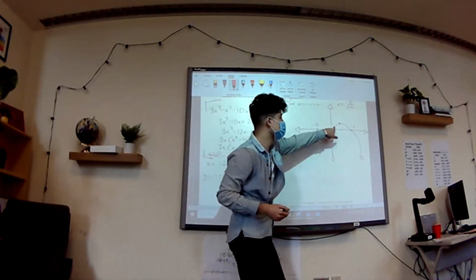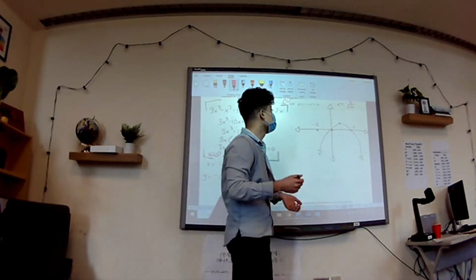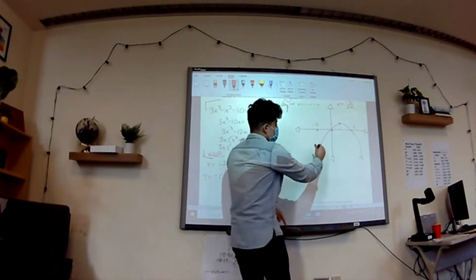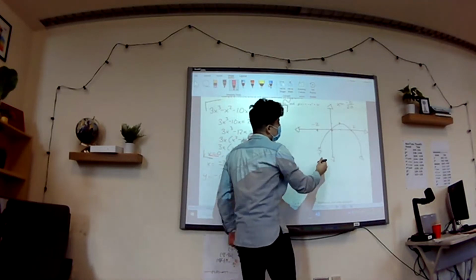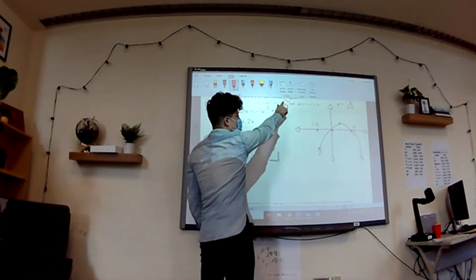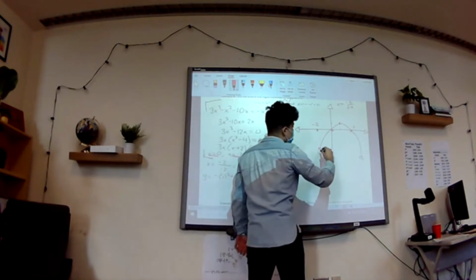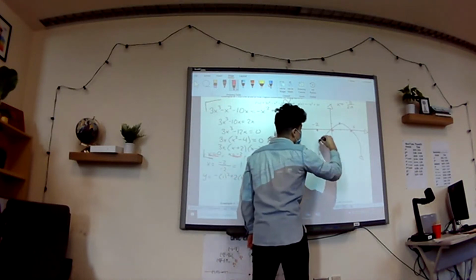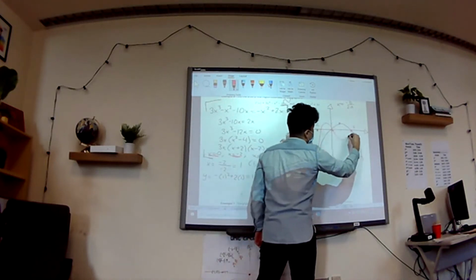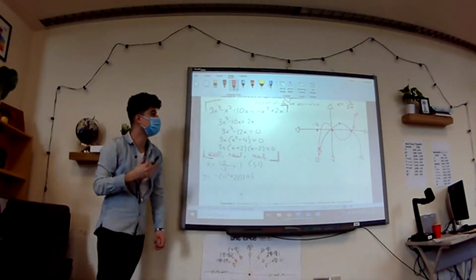That's why I plotted those. So at negative 2 I'm way down here, then at 0, and at 2. And I know it has to look like this, because that's what cubic functions look like. Okay, so I estimate it looks something like this, and there I get a pretty good graph.